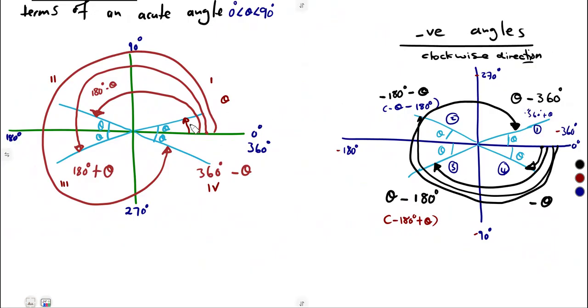The properties, guys, in the first quadrant, there's what? Theta. As positive angle is just theta. The sine of theta, guys, and the sine of theta minus 360 degrees, they are the same.